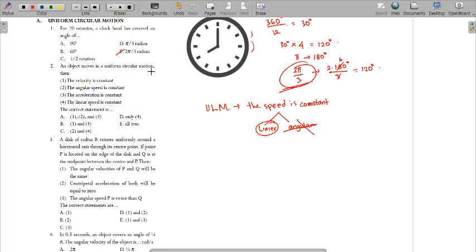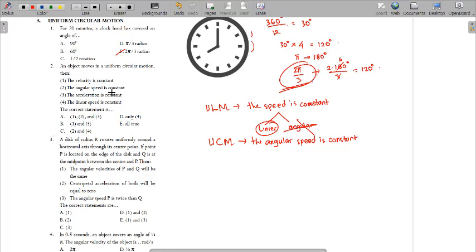But uniform circular motion, we talk about the angular speed. That is constant, okay? So the velocity is constant? No. The velocity includes direction, so the direction actually will change, so it is not constant.